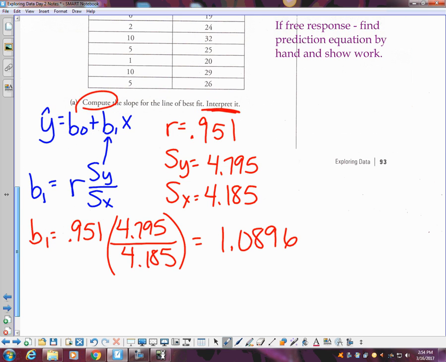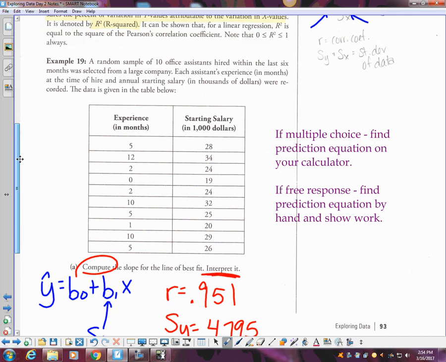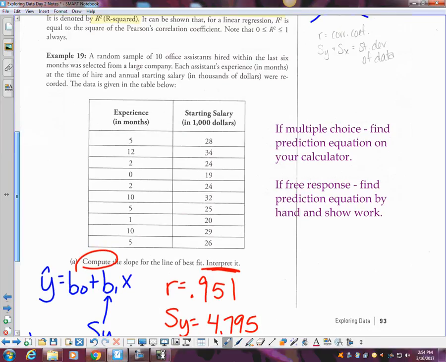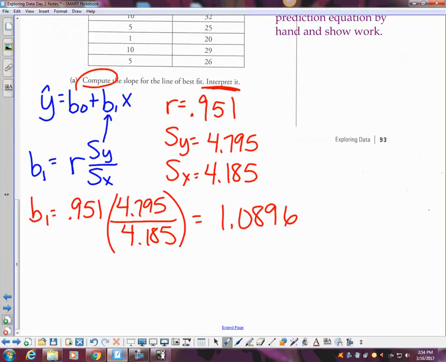Now remember, this data is about office assistants who are hired and what they're making when they start based on their months of experience. Slope is always over 1.